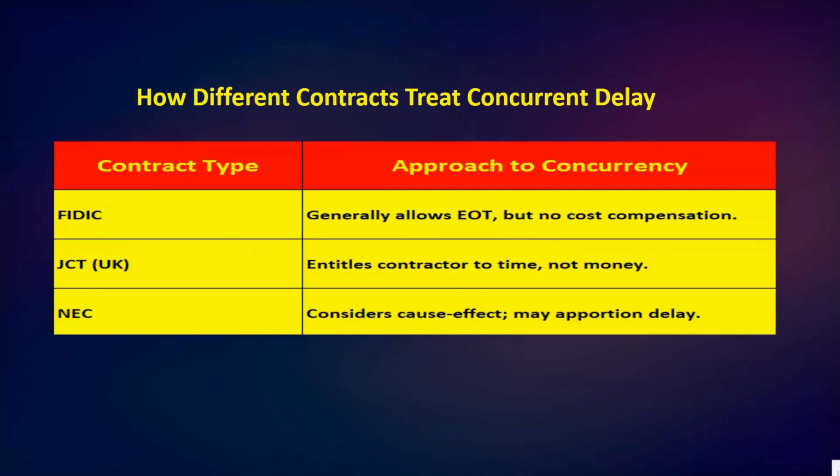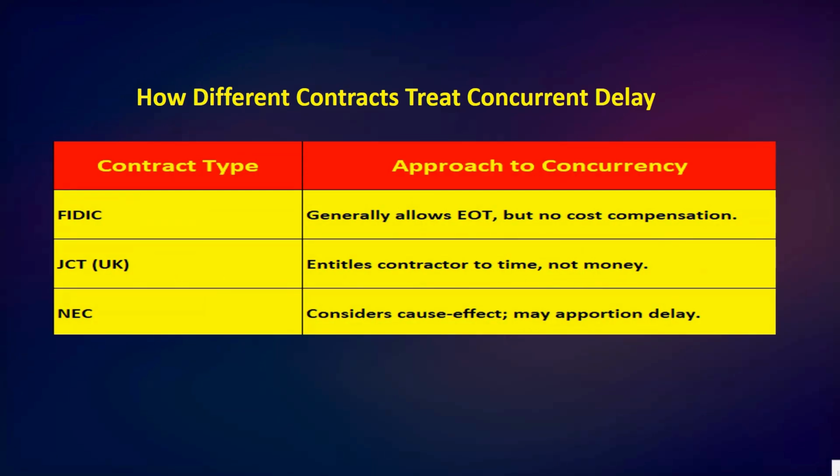Here we have how different contracts treat concurrent delays. First the contract type, then the approach to concurrency. FIDIC generally allows EOT but no cost compensation. JCT UK entitles the contractor to time, not money.